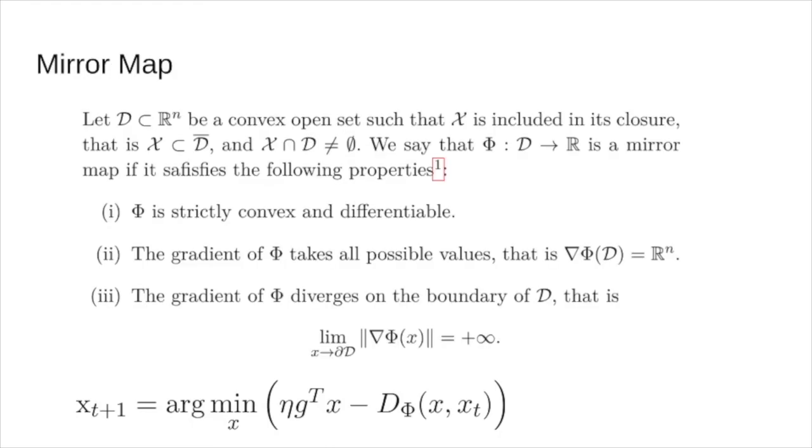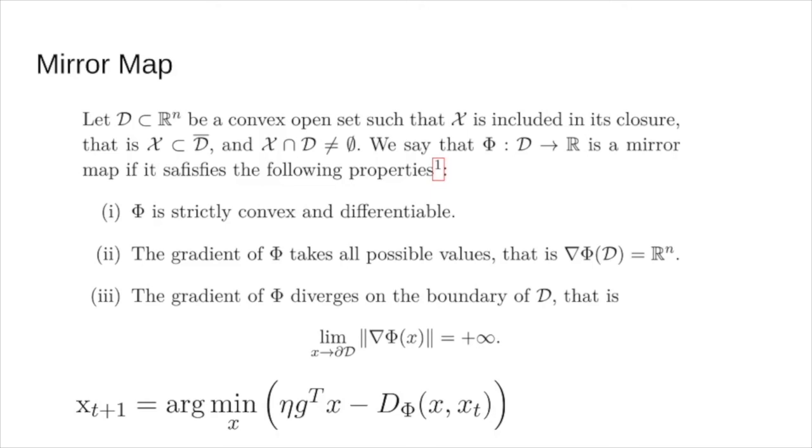Okay, so we've defined what the Bregman divergence given a mirror map means. So what's a mirror map? A mirror map is pretty much just a function from your space to the real numbers, such that, and this is taken straight from the monograph, it has to be convex and differentiable. The gradient needs to take on all possible values, and the gradient needs to diverge at the boundary.